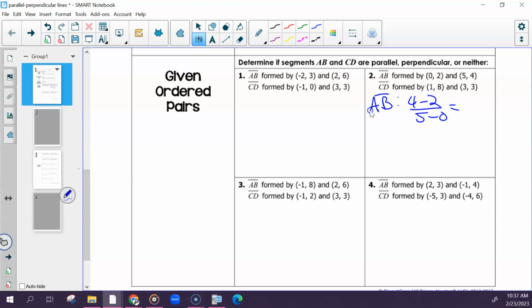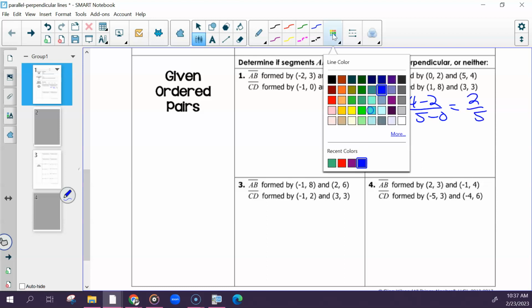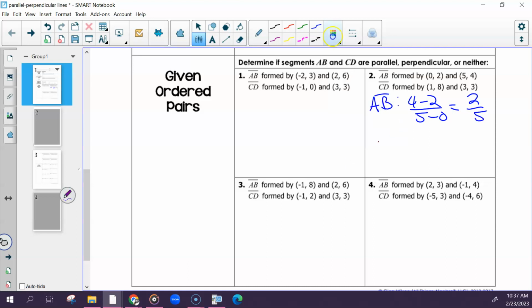What would that slope be? 2 over 5. And then do the same thing for CD. 3 minus 8 over 3 minus 1. What would that slope be? Negative 5 over 2.